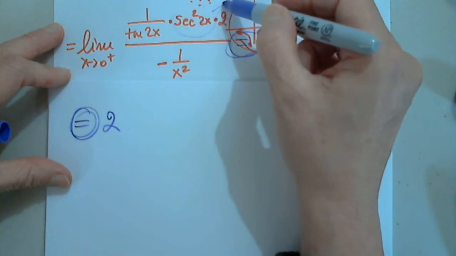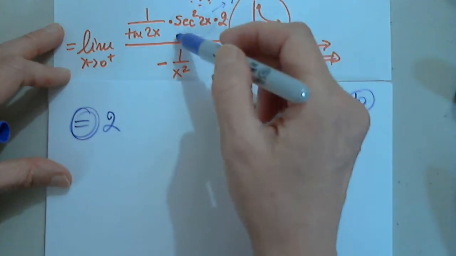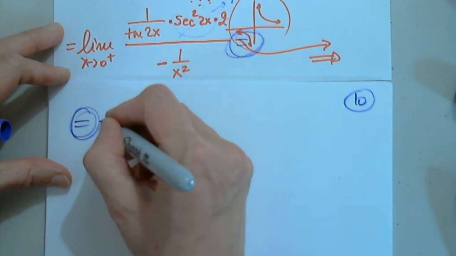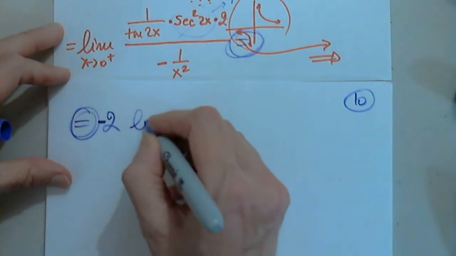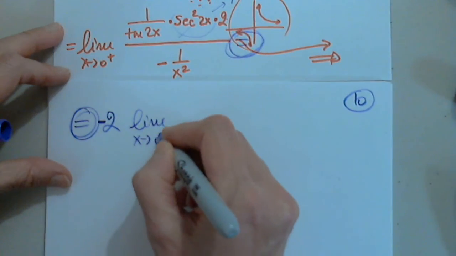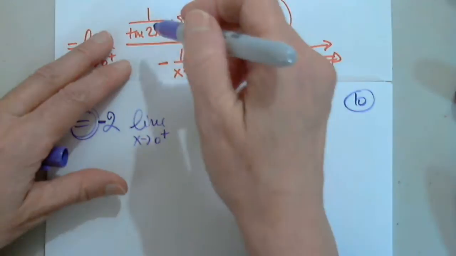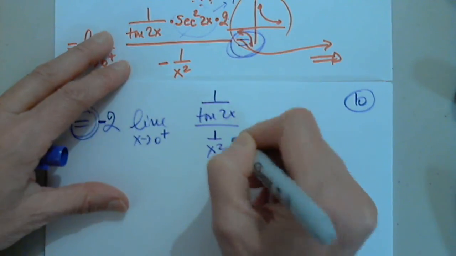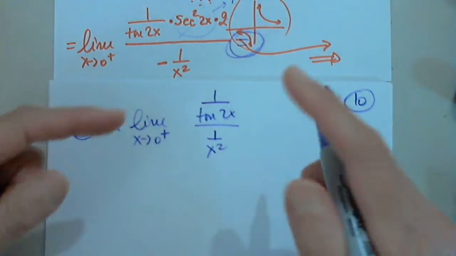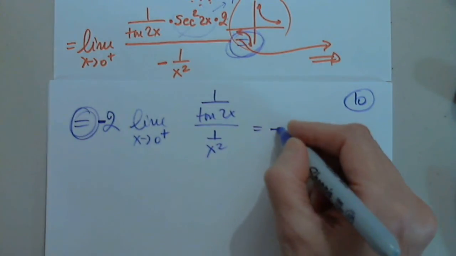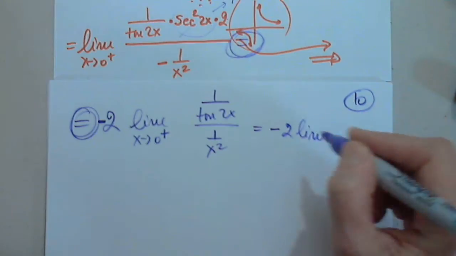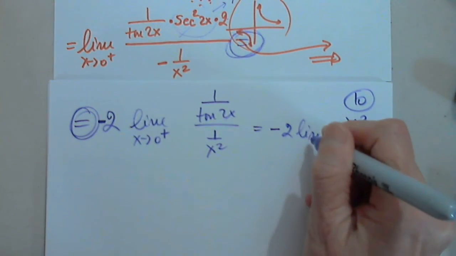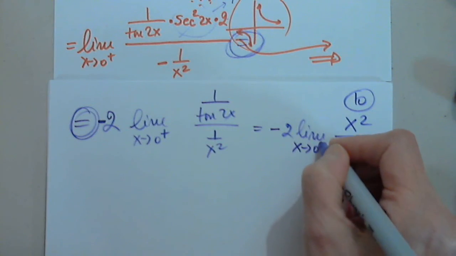This approaches 1. I want it out of there. Done with it. And this is a minus. I'm going to put the minus in front as well. So then I have limit as x approaches 0 from the right. The top is 1 over tangent 2x, and the denominator is 1 over x squared. How do I divide two fractions? I flip the denominator. So this is negative 2. Limit, top is x squared over the denominator, tangent 2x, and x approaches 0 from the right.